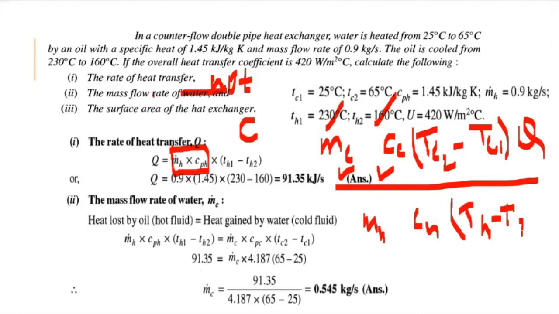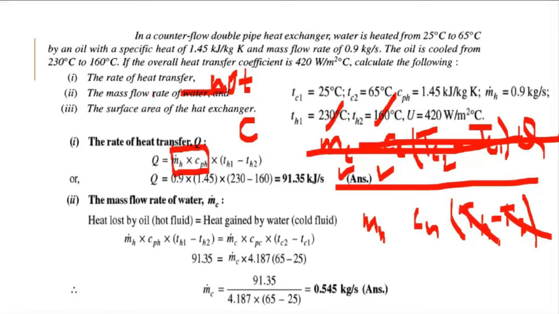Here Q is already known. TH2 value is given, TH1 value is given. But here we have got two unknowns. Since we have two unknowns, we cannot find out the MH value or the CH value. So in such a case, you can refer to the data handbook and find out the CH value. If you get the CH value, you can find out the mass flow rate of hot water. This was his doubt. Okay, sir. Understood.